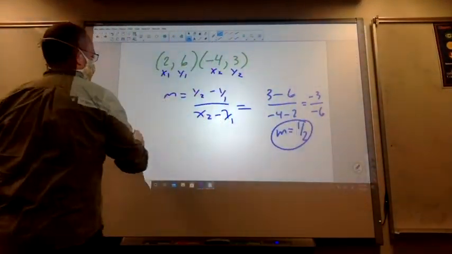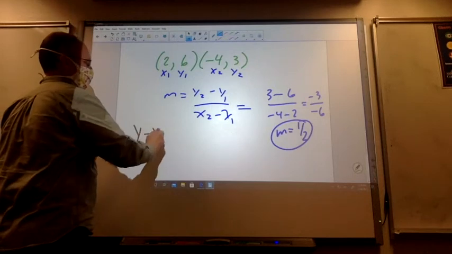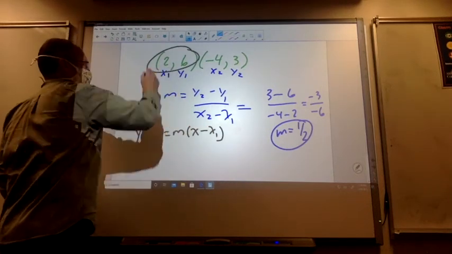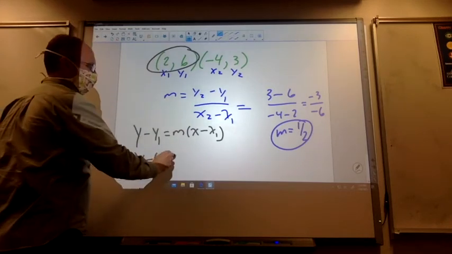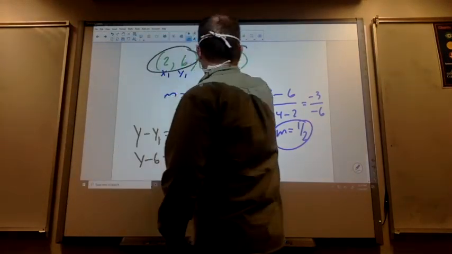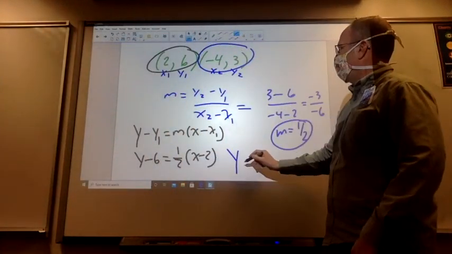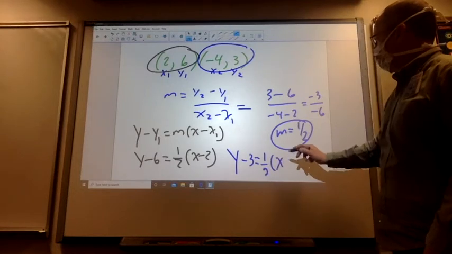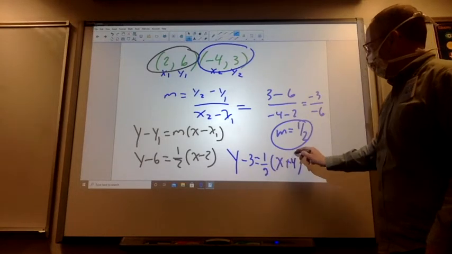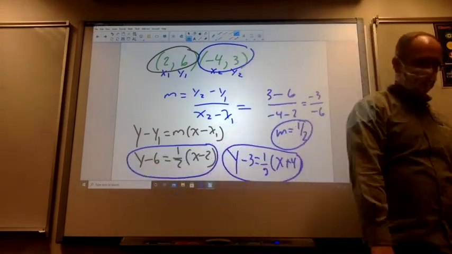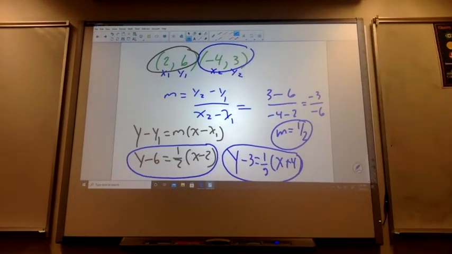I'd keep it as point slope: y minus y1 equals m times x minus x1. If you use this as x1, y1, you get y minus 6 equals 1/2 times x minus 2. If you use this one as your x1, y1, you get y minus 3 equals 1/2 times x minus negative 4, so x plus 4. Both of these answers are correct. You only have to list one of them. Seem legit?